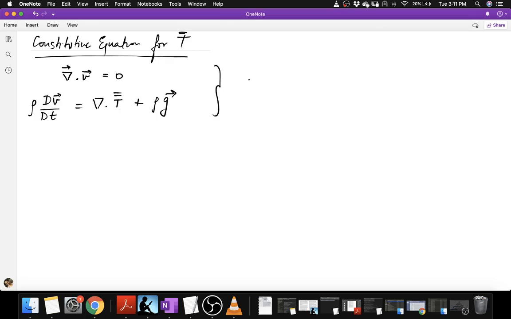Now, if we ask ourselves what our unknowns are, well, we have certainly the three velocity components, and then we have the six stress tensor components.